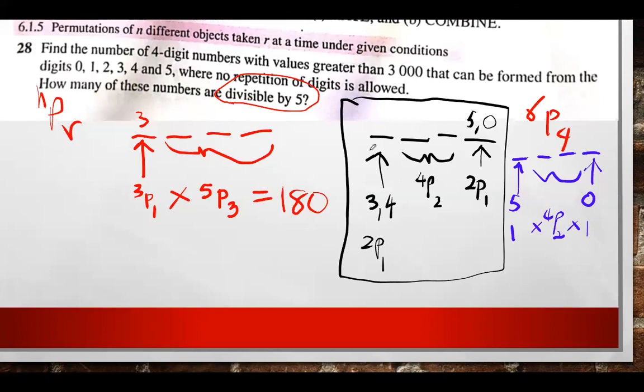Because the front is already 3 or 4 and the back is already 5 or 0. If I've put either 3 or 4 at the front, I've already put one number. And then the back is either 5 or 0, so I've already put that too. Oh yes. Okay, 4 numbers left. Okay, get it. Thanks for the question.